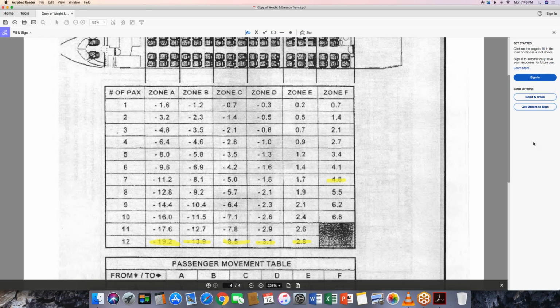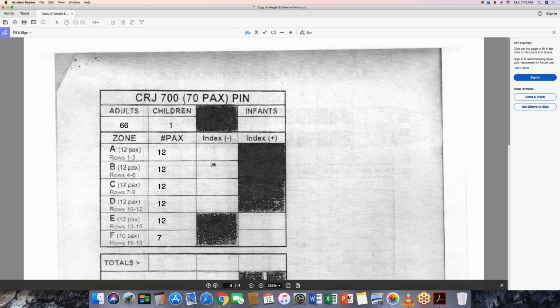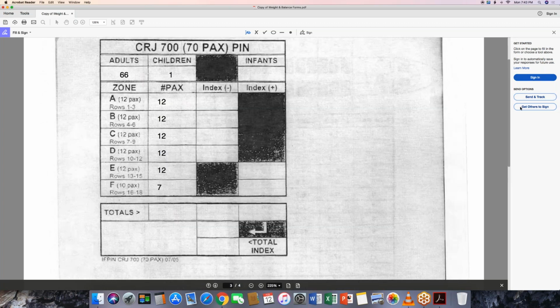Perfect. Now we're going to need to put those on our pin card here. So this first one was what? Yep, 19.2.